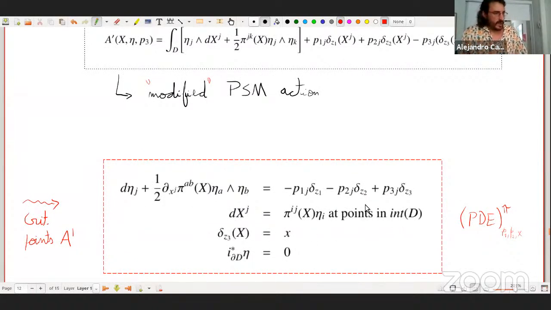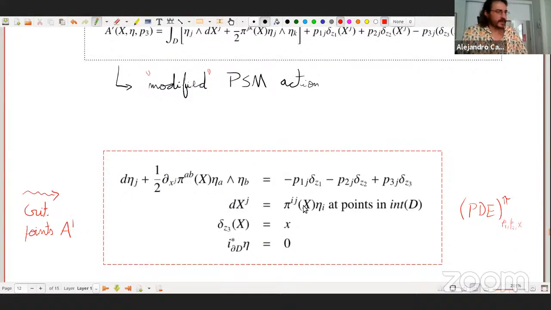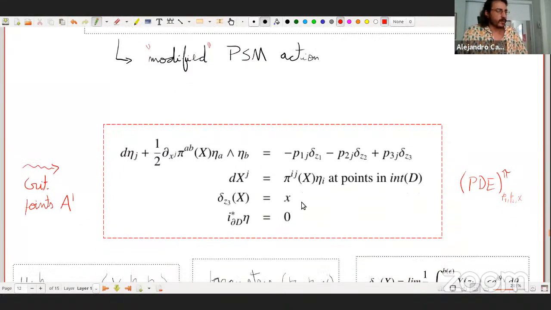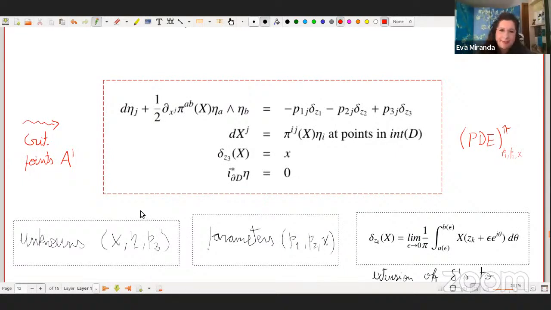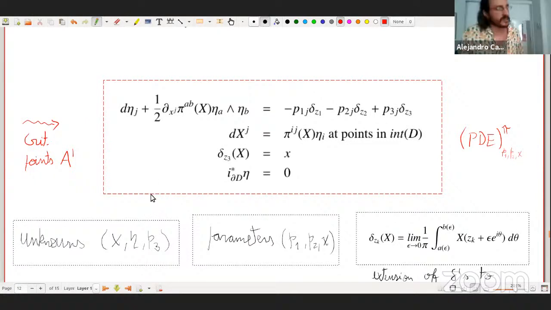I wrote it just to say that it's very explicit. And what I want to highlight about this system is, first, the unknowns. Can you solve it in particular cases? Yes, I'm going to mention this in a second. Actually, the theorem says that we can solve it in all cases.